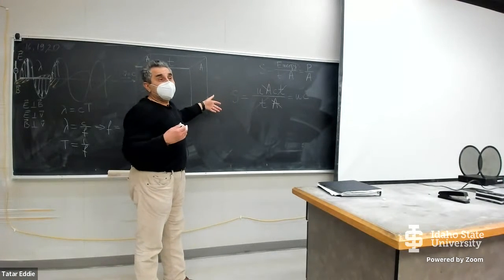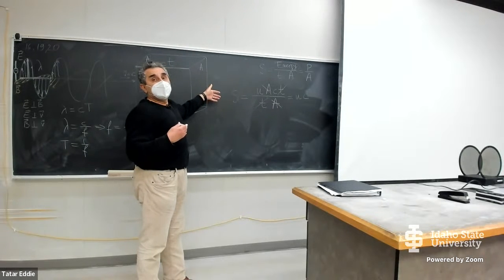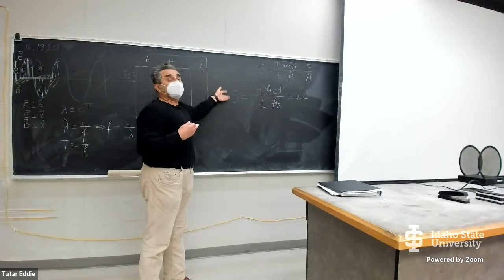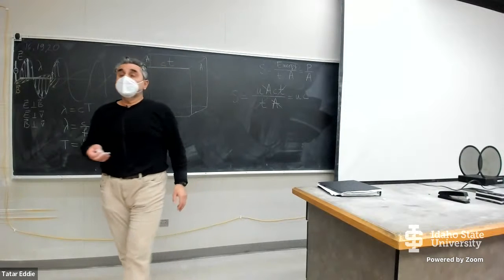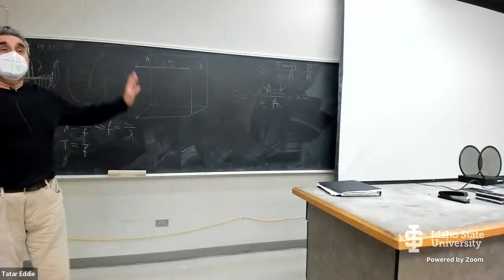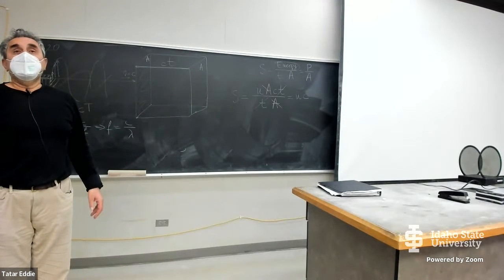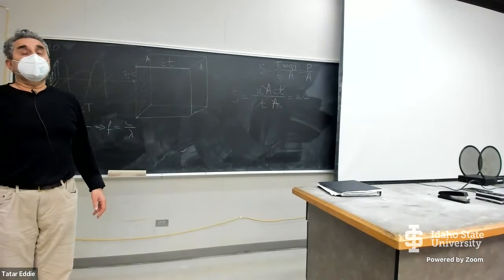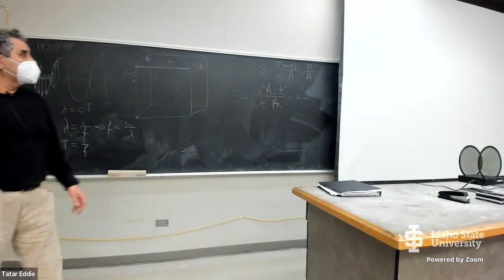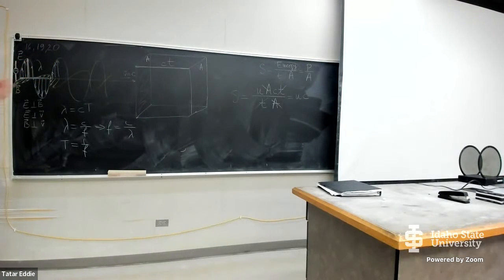Or given the magnetic field value of the electromagnetic wave, you again can calculate density, or vice versa. Given the intensity, you can figure out what is the RMS value of the electric or the magnetic field. And this formula again is needed for some homework questions.